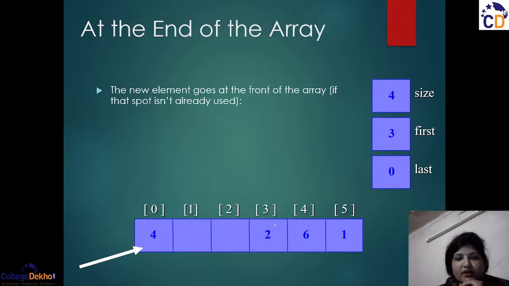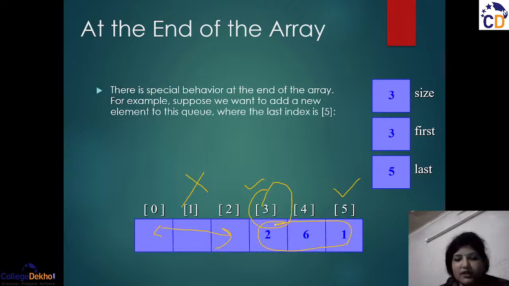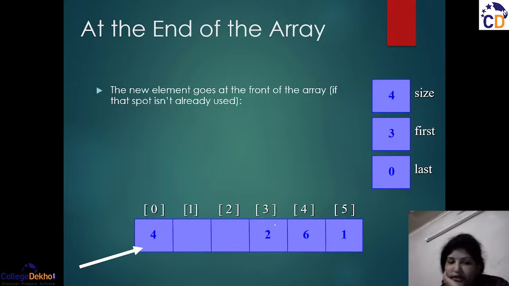So now your last element would be at index A0, because there was no place in the previous part; we have used all the spaces, right? This is the ending part of the queue. Now how do we insert the value? We will be inserting from this side, at A0. What is the size? 4. The first index would be A3, right? And the last index would be A0. So this is how it works.